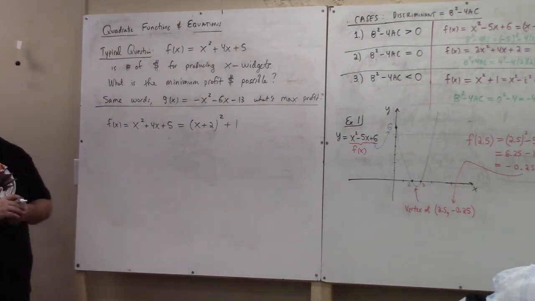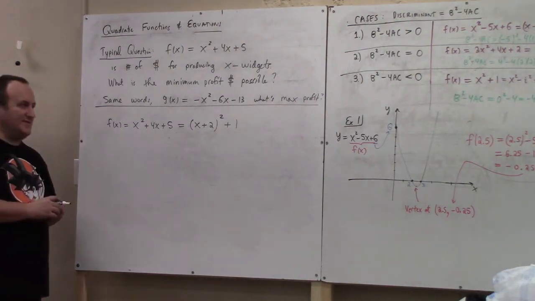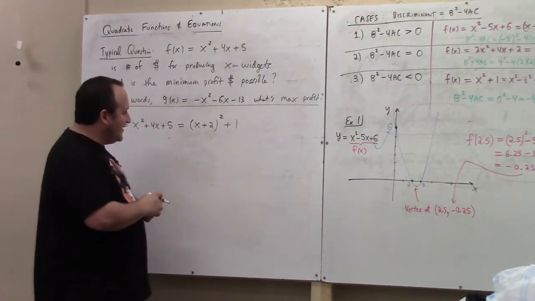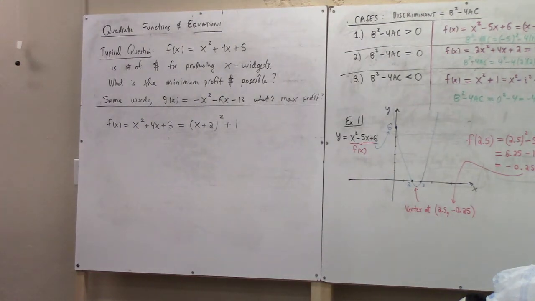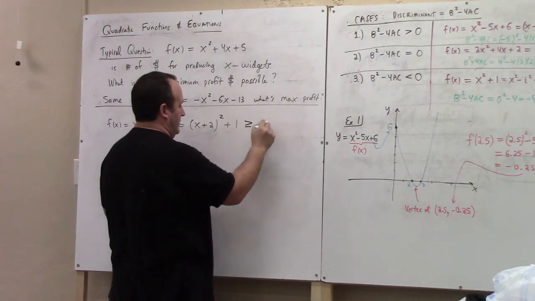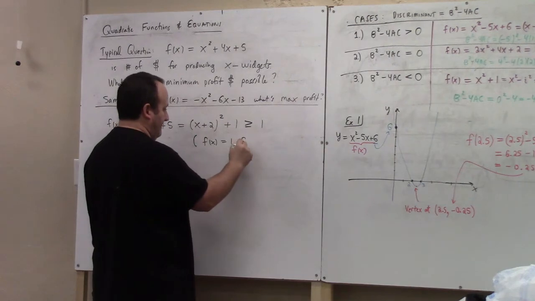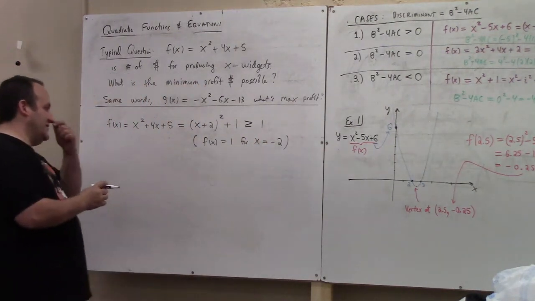And that happens when it's 1. I can't argue with that. What x value is needed to attain the output value of 1? x equals minus 2, right?